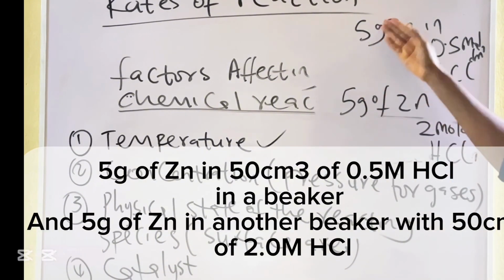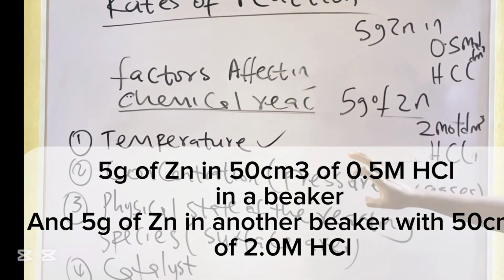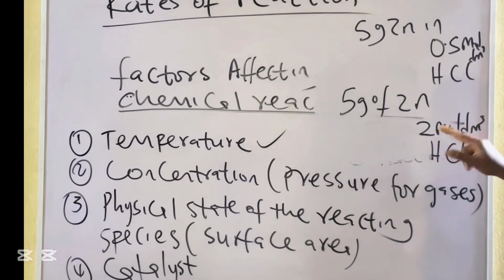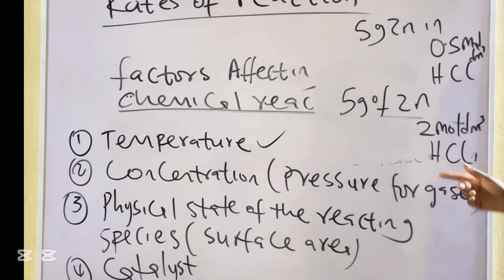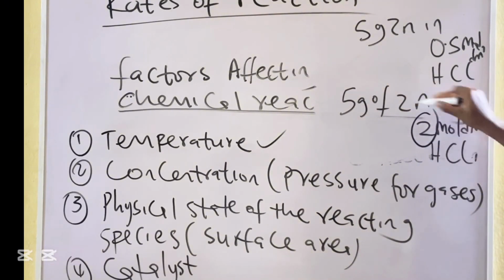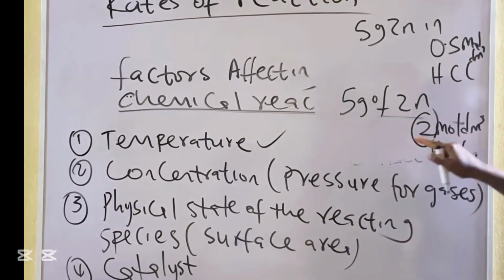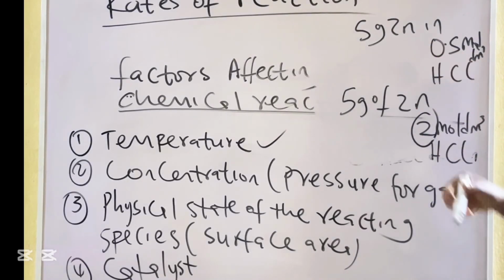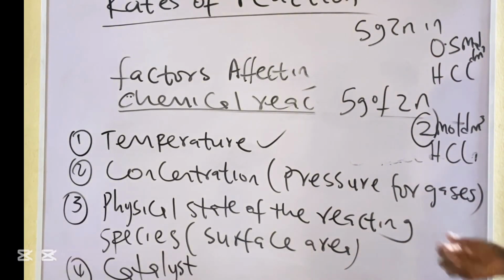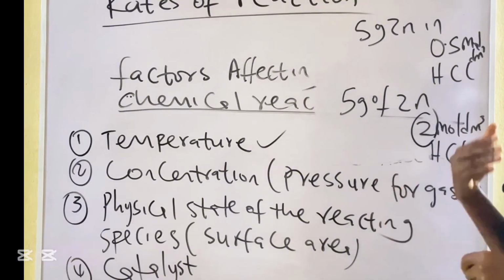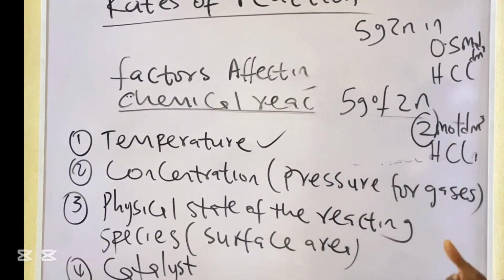The mass of the zinc is the same, 5 grams, and you can see the concentration varies. This one is 0.5 mole per dm cube, this one is 2.0 or 2 mole per dm cube. This one has a higher concentration than this one. So this one will react faster than this particular one because of the effect of what? Concentration. So the higher the concentration of a reactant, the greater the rate of a chemical reaction.